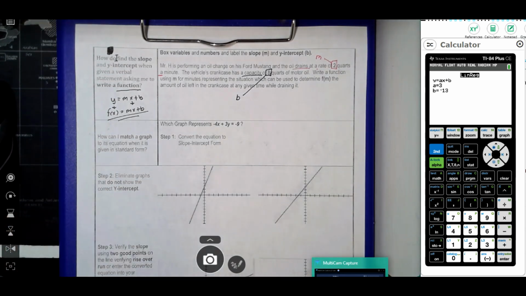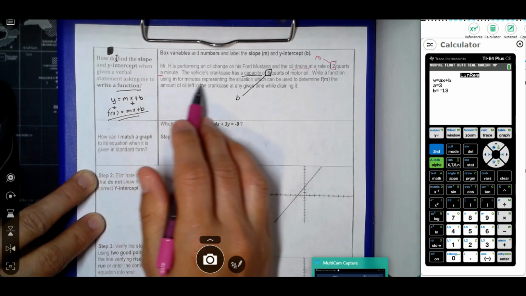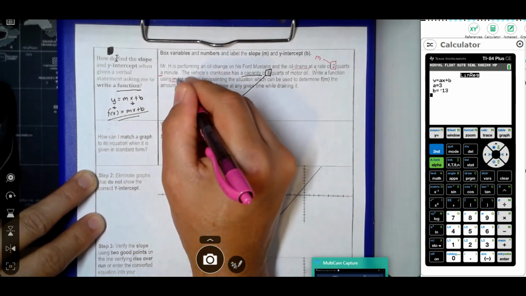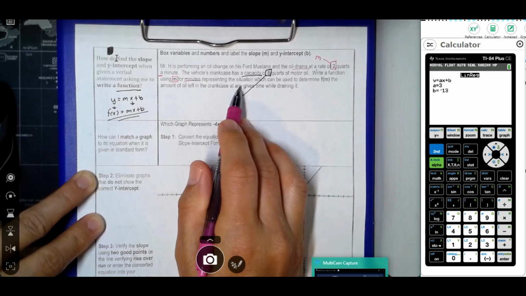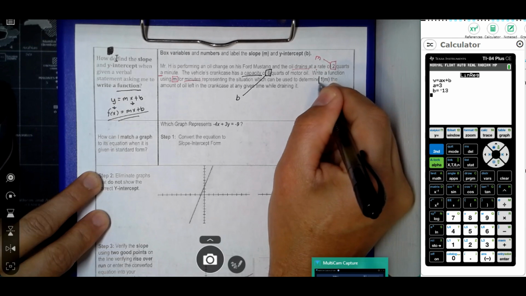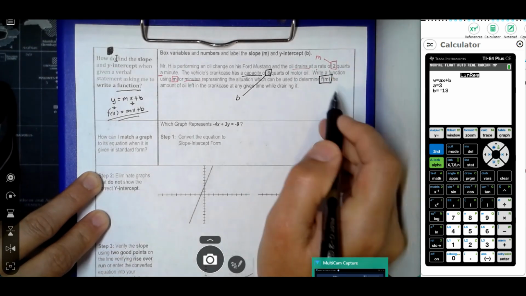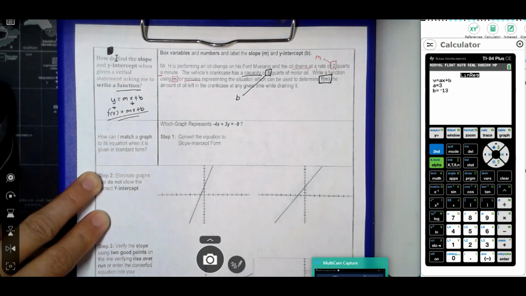Now let's see what else it says. It says write a function using m for the minutes. I'm going to box that. That represents minutes, representing the situation, which can be used to determine f of m. So instead of f of x, we're using an f of m. The amount of the oil in the crankcase at any given time while draining.